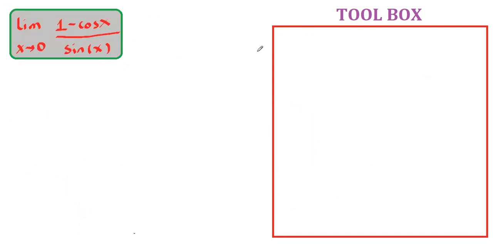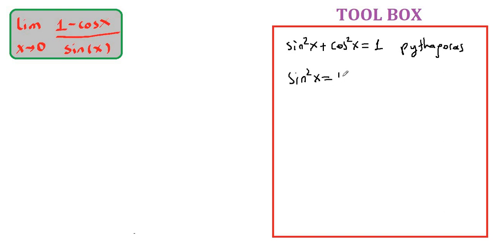As we have seen in the previous limit, sine squared of x plus cosine squared of x is equal to 1 using the Pythagorean identity. And from here, sine squared of x is equal to 1 minus cosine squared of x. And we said that this is the difference of two squares: 1 minus cosine x, 1 plus cosine x.